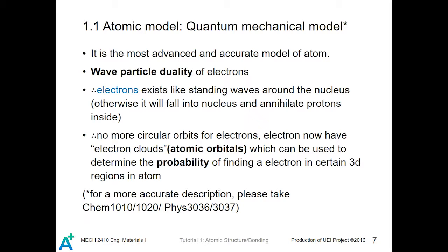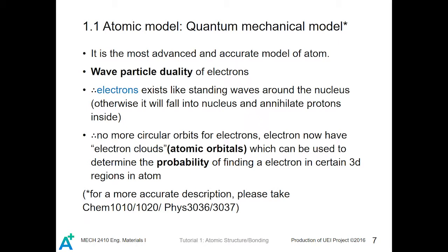But in other words, atomic orbitals, you can consider as a 3D-shaped probability region or probability density in which you may find an electron, but it is not guaranteed that you can find an electron there, which can be used, as I mentioned, to determine the probability of finding an electron in certain 3D regions in an atom.